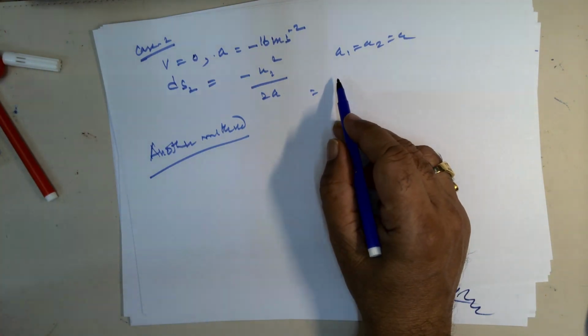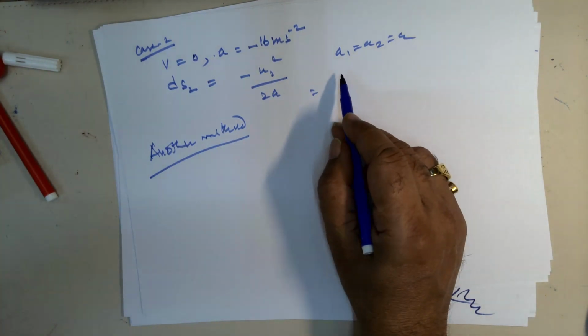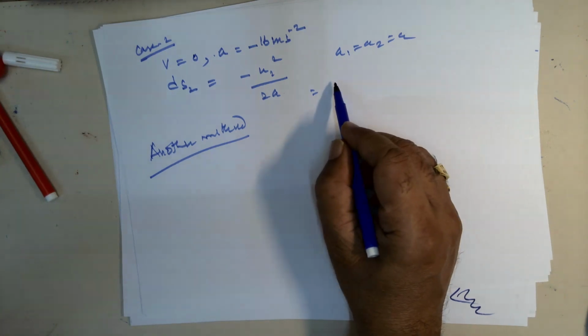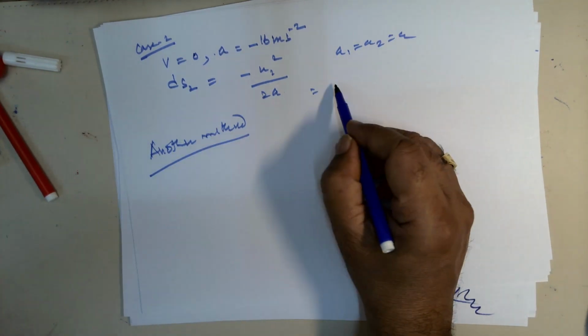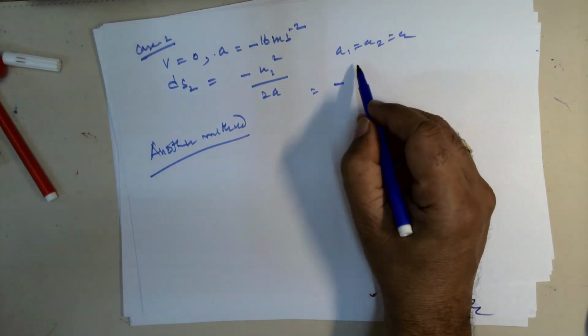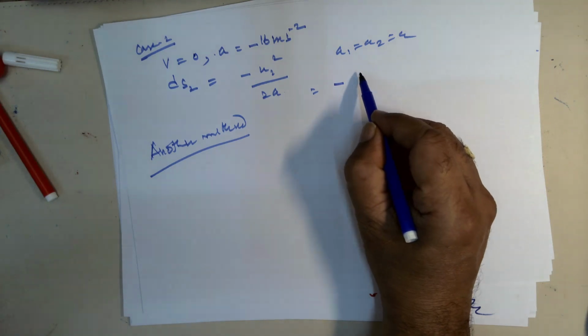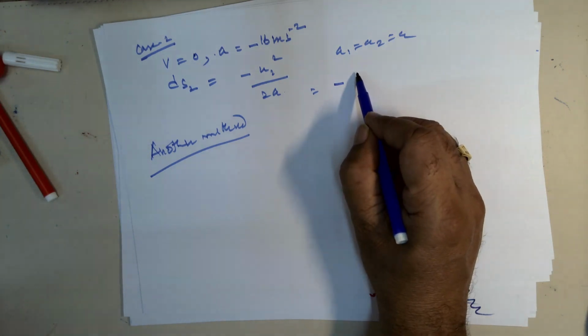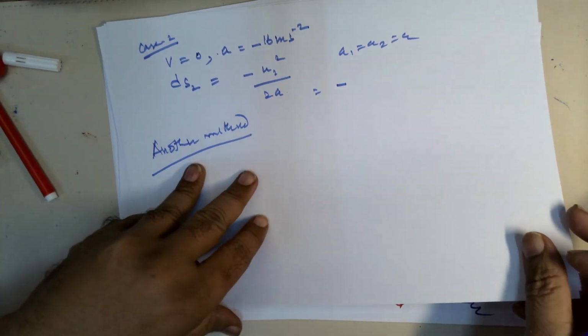What is the value of x? I mean ds2 is minus u2 squared. What is u2 here? 100. You have to convert it, 250 by 9, is it not?